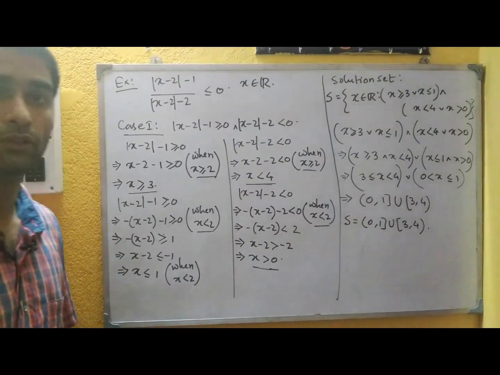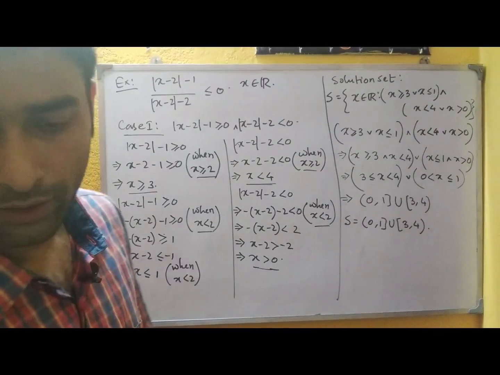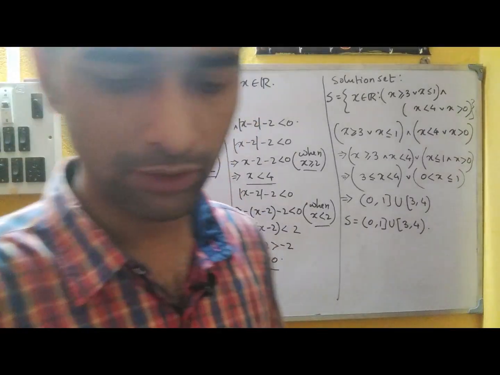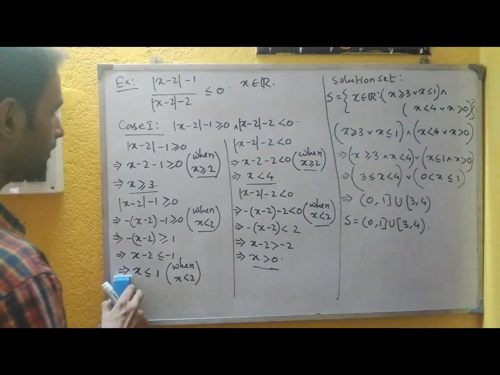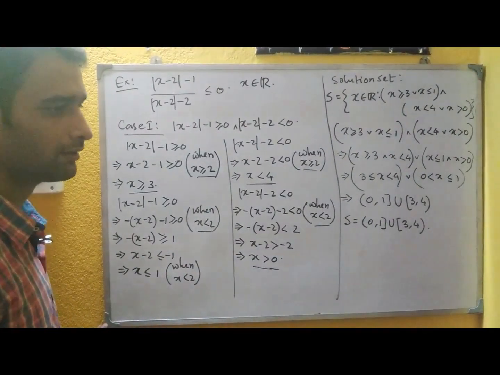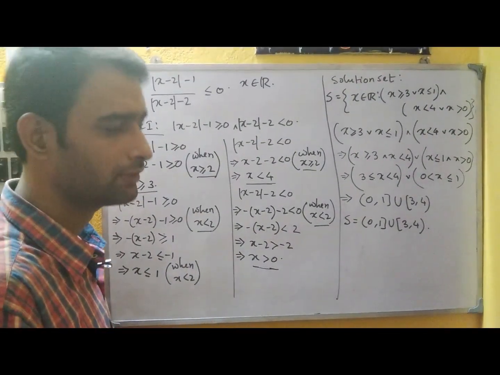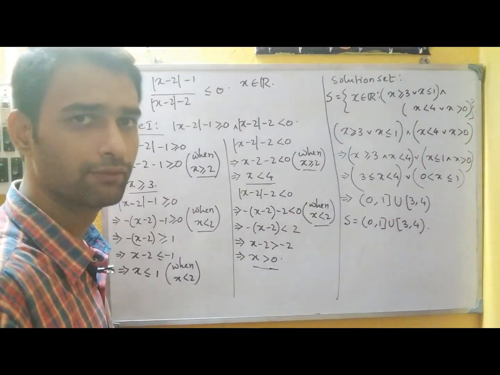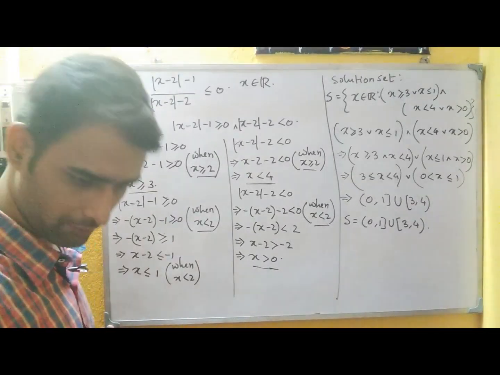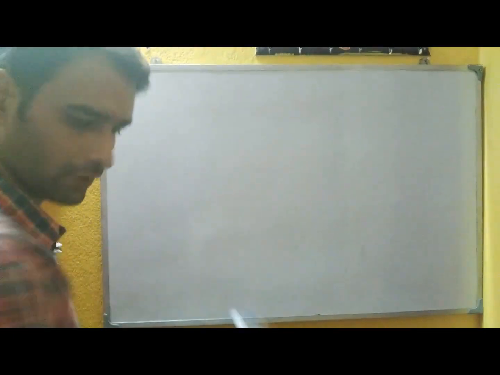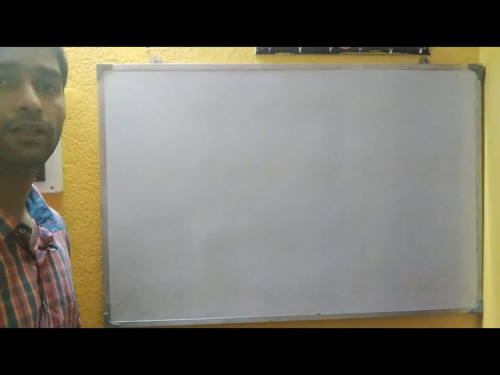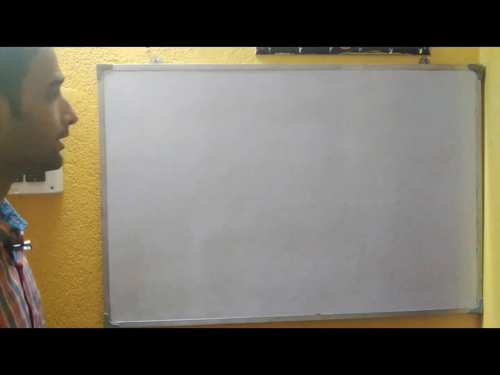Next we go to simultaneous linear inequation in one variable. They are nothing special. If these things are clear, then simultaneous linear inequation in one variable are very easy. You have done most of the problems in this case.